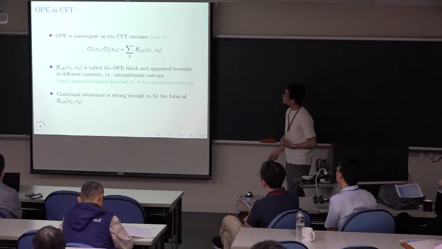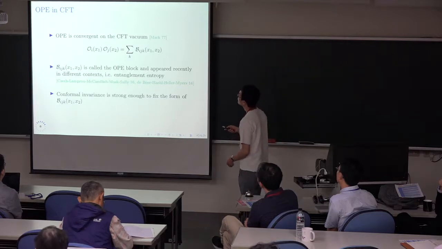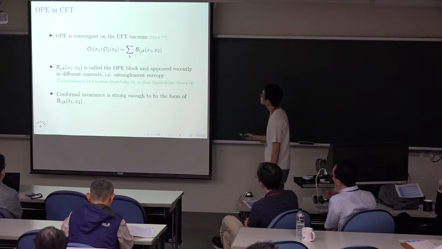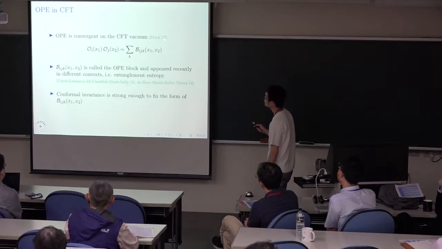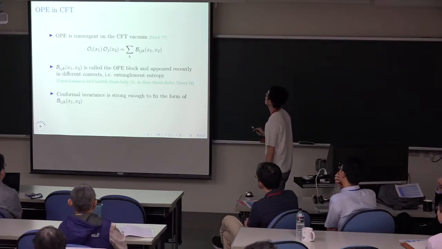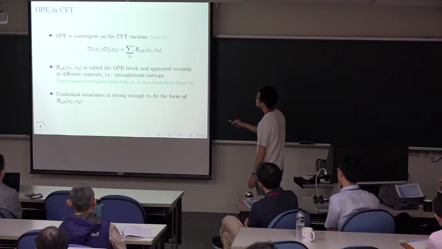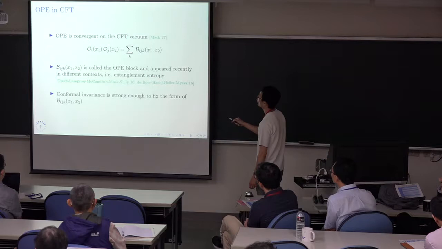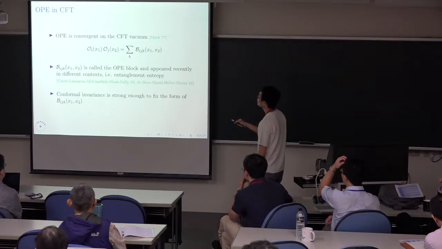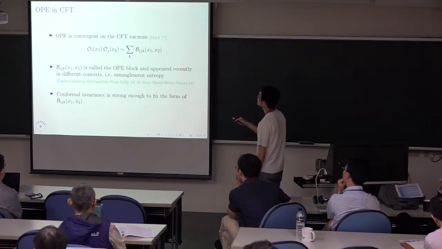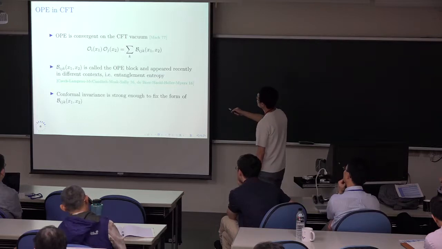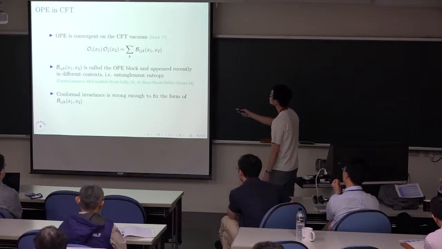Now let me go back to the OPE structure. In a CFT, the OPE is convergent on the CFT vacuum, which was proved about 40 years ago. Basically, if you have the OPE of O_i and O_j, then you can decompose it into irreducible representations on the right hand side, where K labels the irreducible representations.